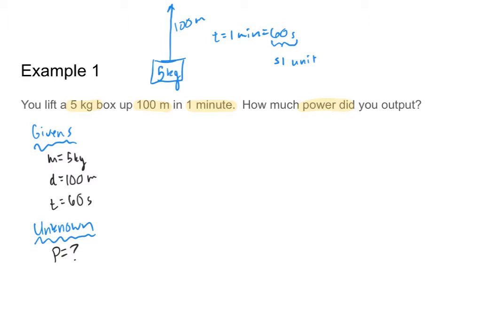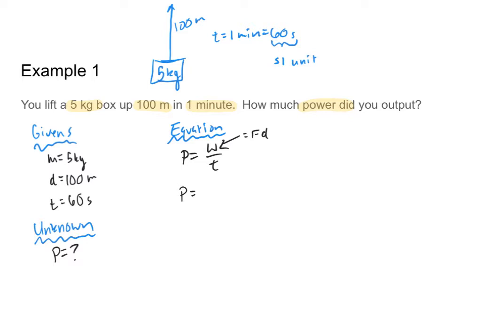So what I'm going to need to do is take my equation, power is equal to work over time, and replace work with things from my givens. So I know that power is equal to work over time, and work is equal to force times displacement. And since all of my force is going to be parallel to my displacement in that same direction, that means that all the force that I apply to this box does work.